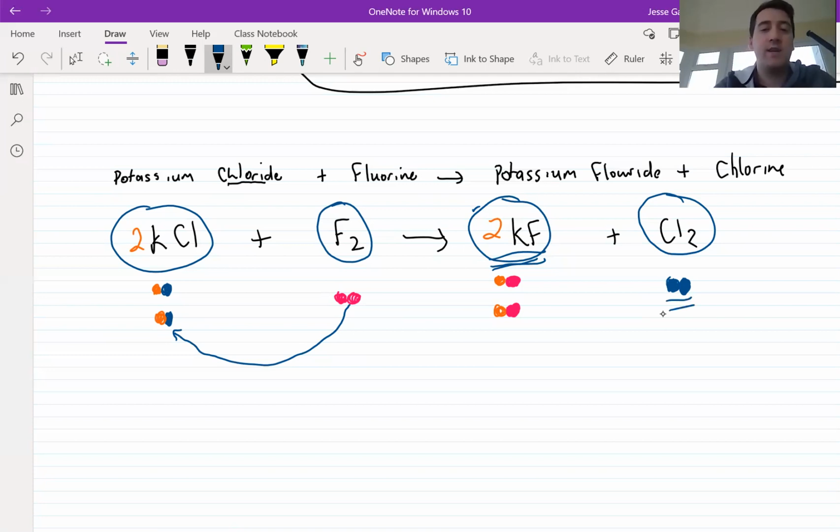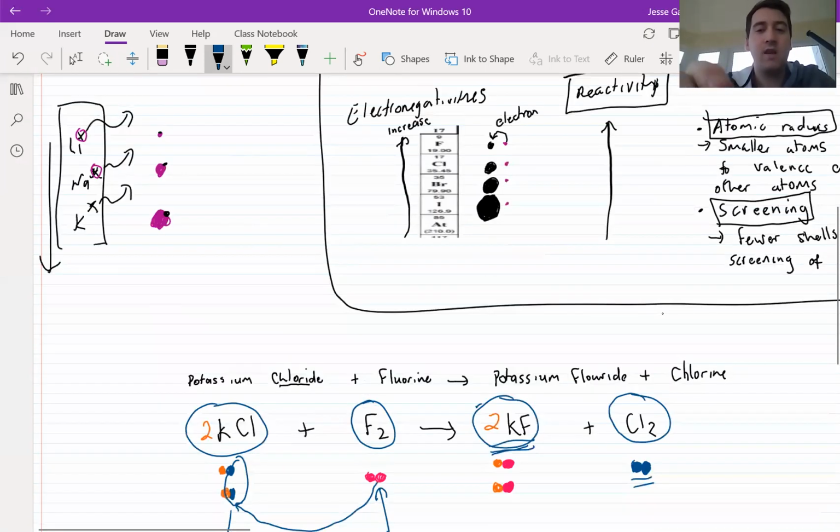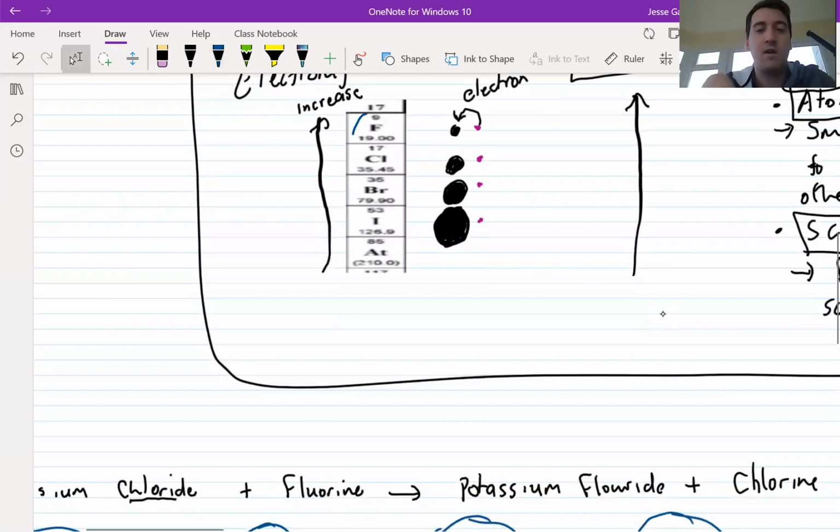And the reason for this is that the fluorine is more reactive. It's a more reactive element than the chlorines. This is less reactive. So we've got two halogens, and we've already looked at the pattern on the periodic table. Remember, up here, we said fluorine was at the top, and it has a smaller atom, so it's more reactive.